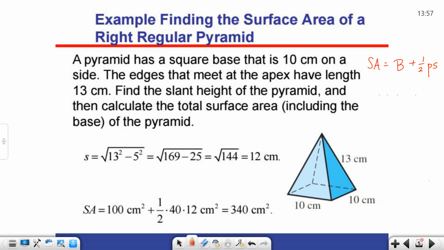Hopefully it's not too hard to do. Here's your base. What I notice about the base is it's 10 by 10. So the area of the base is side squared, or 10 times 10. So I'm going to get that the base is 100.